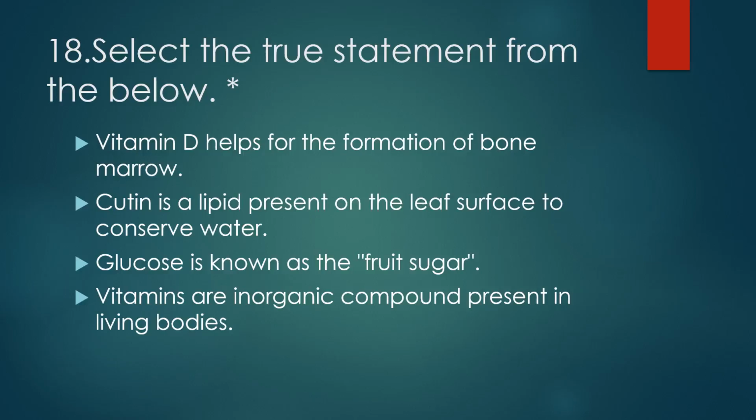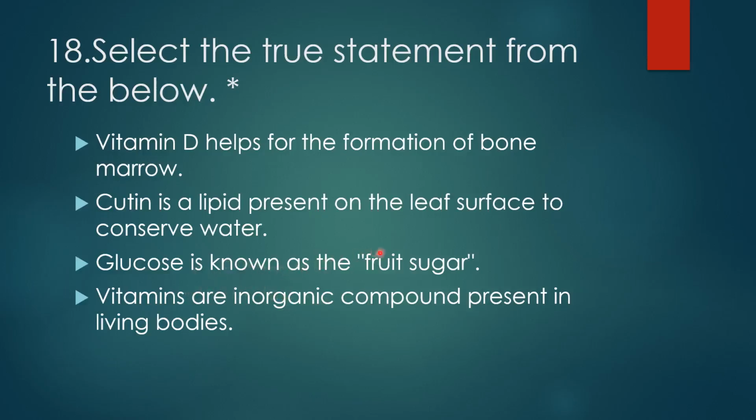Okay, I will move to the answers one by one. Vitamins are inorganic compounds, as the answer is given, this is the false word in here. Vitamins are organic compounds. So you can just cut it.